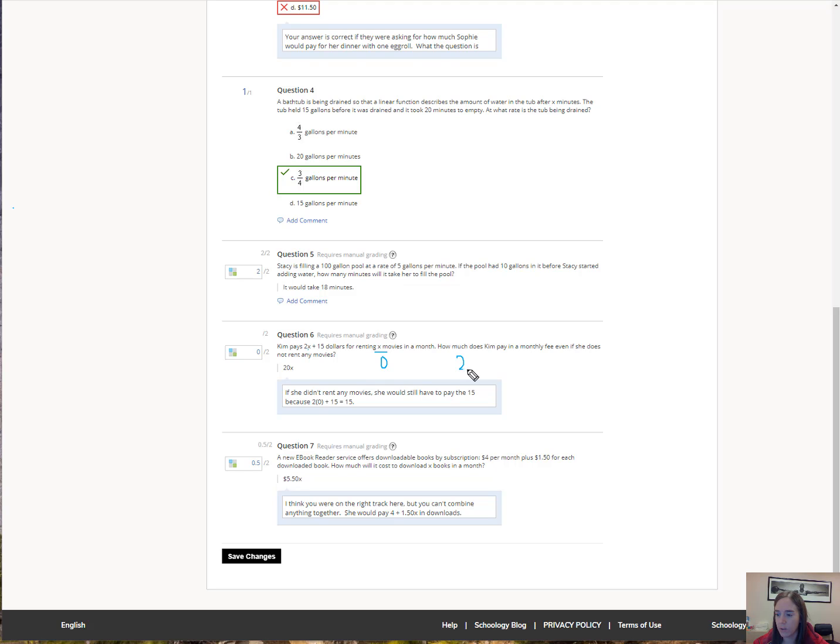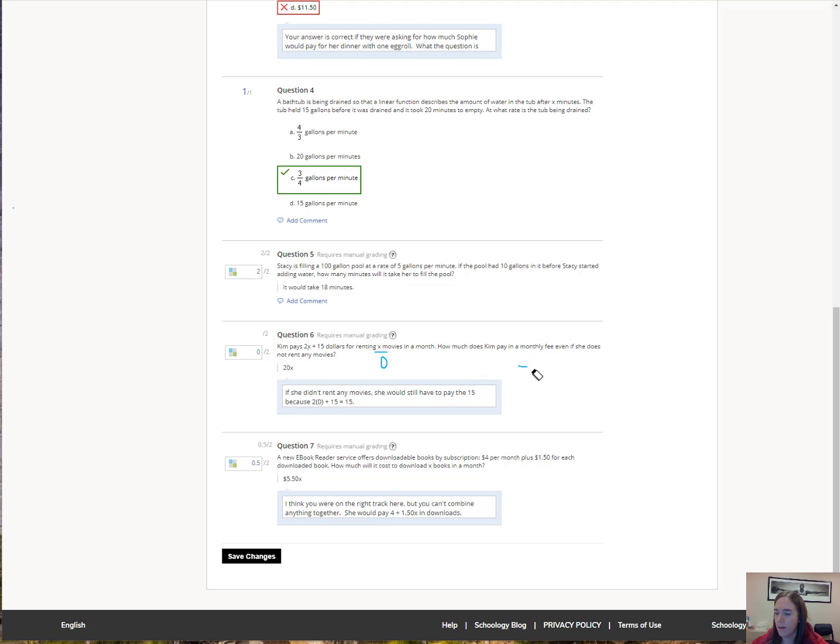So that's going to be 2 times 0 plus 15. Okay, 2 times 0 is 0, plus 15 would equal 15. So that's how much it would cost her for her membership, even if she didn't rent any movies in that month.